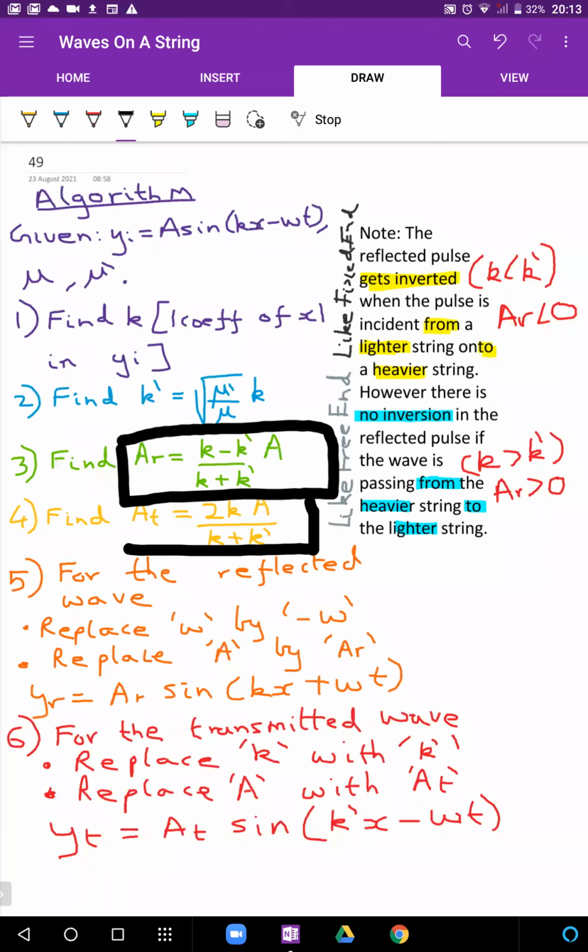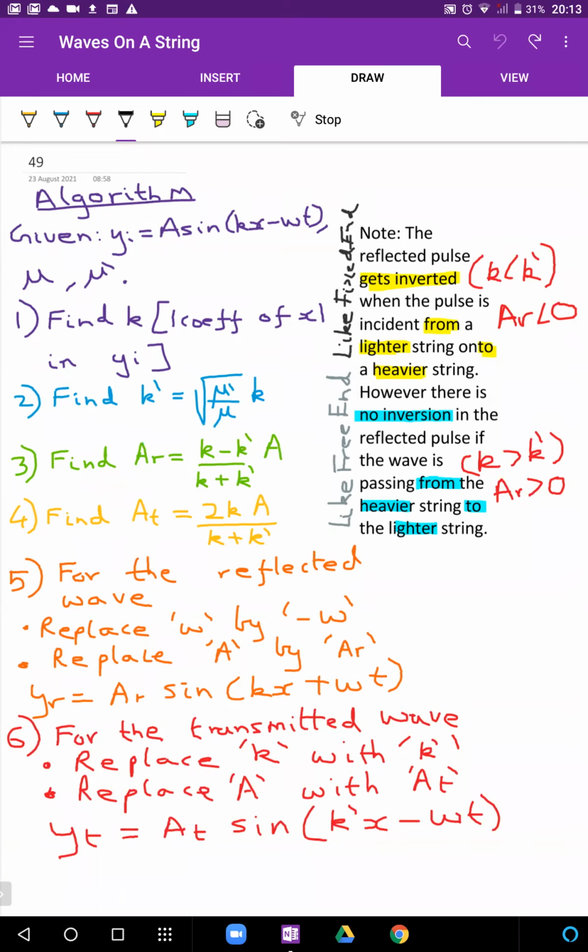This one will always be positive. There's no option for this guy to be negative. So the first one can be positive or negative based on whether K is bigger or K dash is bigger. For instance, if K is going to be smaller, AR is going to be negative. K कब smaller होगा जब पहला string light होगा.